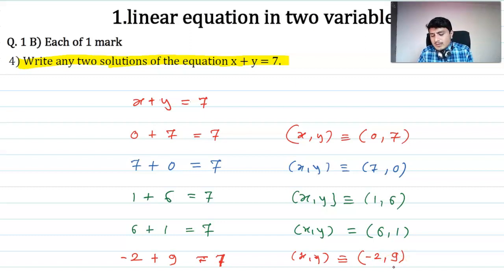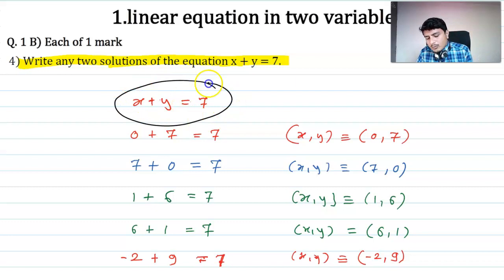That means a single linear equation in two variables has infinitely many solutions. Among the given solutions you may take any two, or you may choose your own value of x and evaluate y such that their addition becomes 7. Keep that in mind.